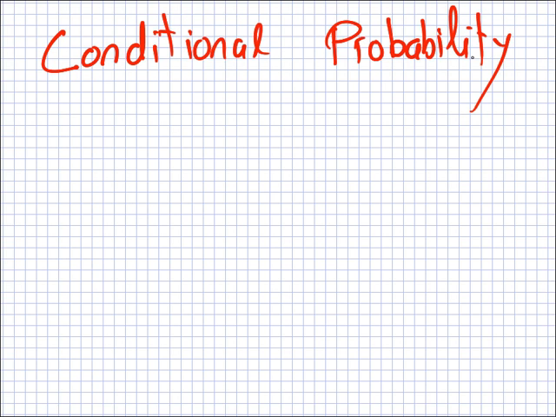Okay. Right, now, what we're having a look at in the first class is a thing called conditional probability. I have an example here.